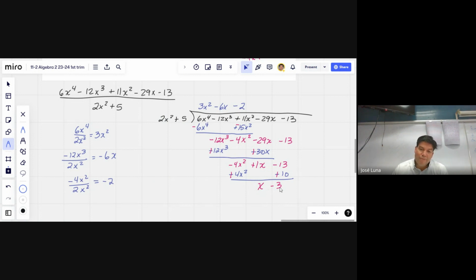Okay, I'm looking at the dividend now, what remains here, and it's x to the first power minus 3. And the divisor is 2x squared. The degree of the divisor is greater than the degree of the dividend. So we're done. No more. This is now the remainder.